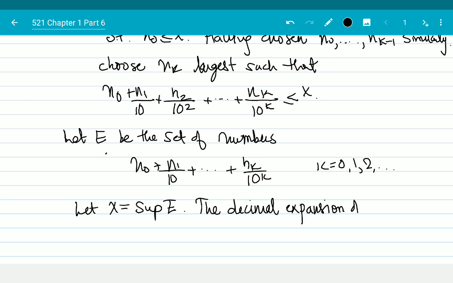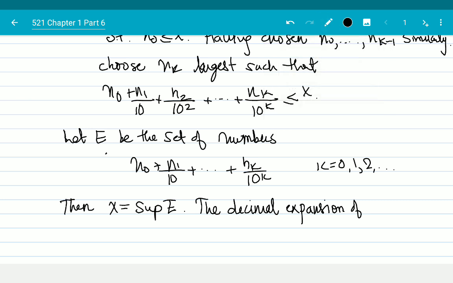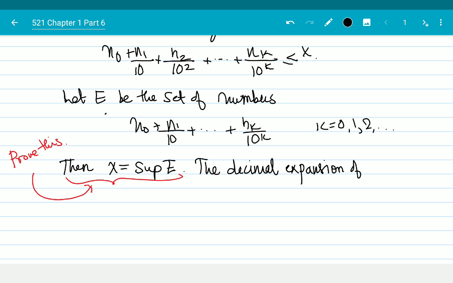Then x is equal to the supremum of E. Prove this. The proof is really simple. It's just a direct application of the Archimedean property once, but I want you to still do it. The decimal expansion of x is n0 dot n1, n2, n3 dot dot dot.